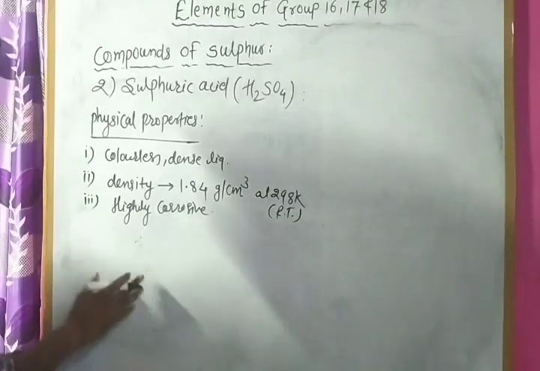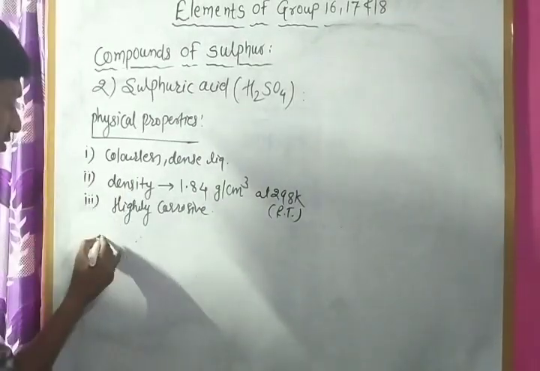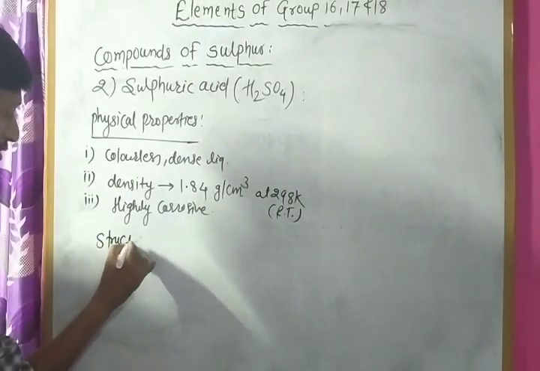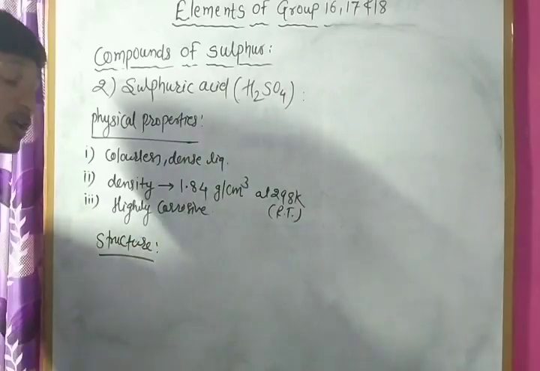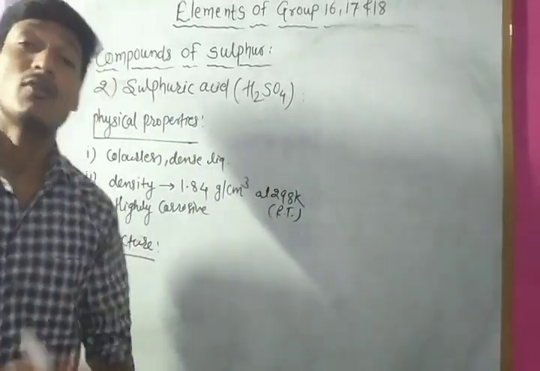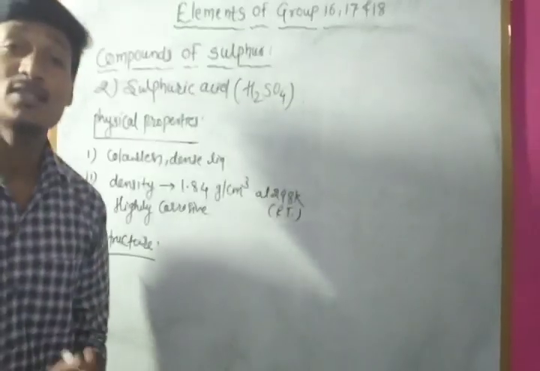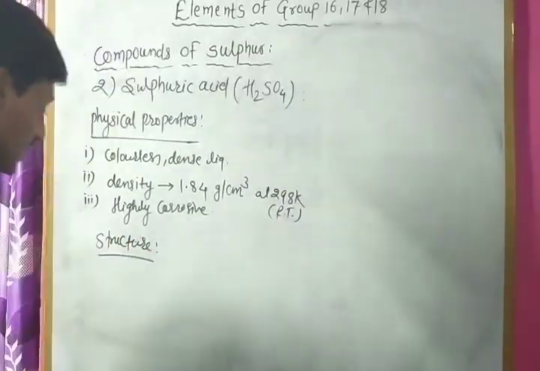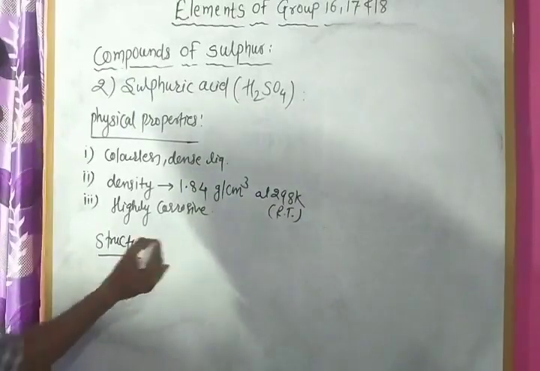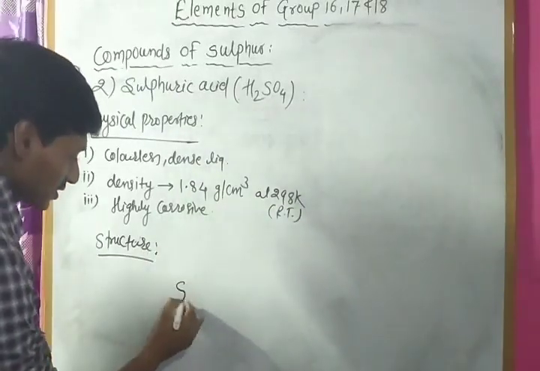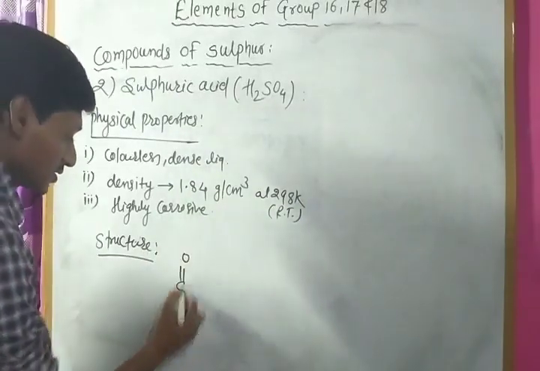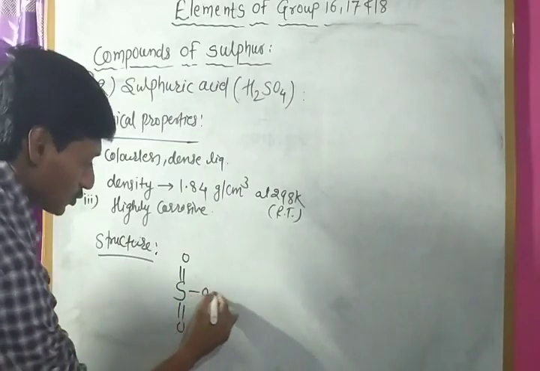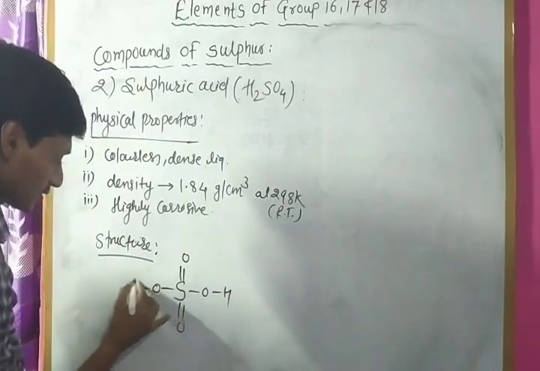Next one is its structure. What is the structure of H2SO4? We already discussed the structure of sulfuric acid in the oxo acids of sulfur and its oxidation state. Here also we draw S, O, O, OH and OH.